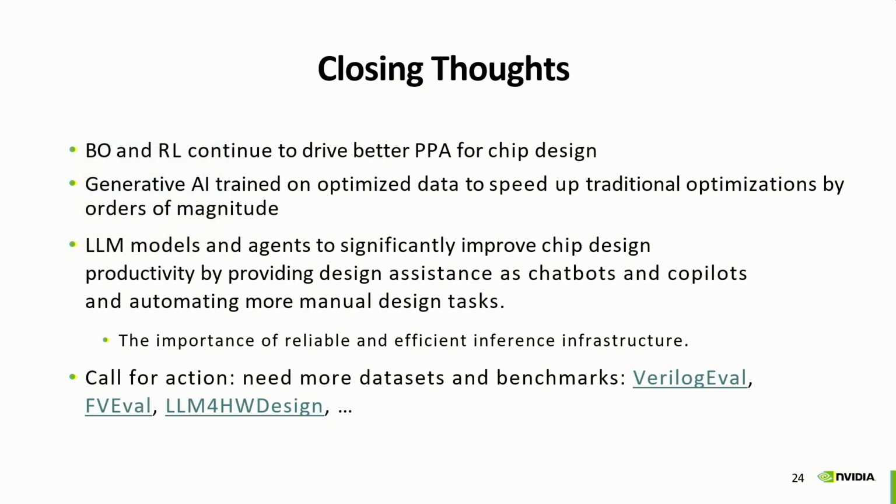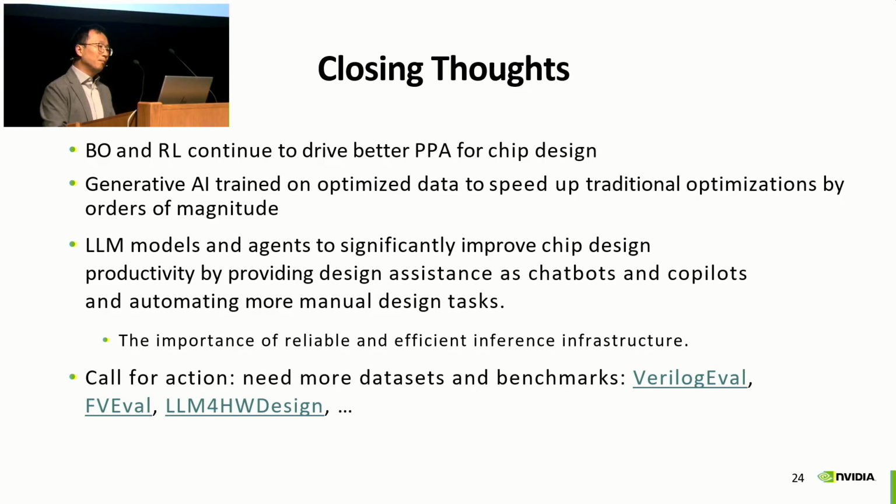So finally, here are my closing thoughts. I think optimization techniques such as Bayesian optimization and reinforcement learning will continue to drive better PPAs for chip design. And generative AI trained on optimized data can actually be used to speed up traditional optimizations by orders of magnitude.